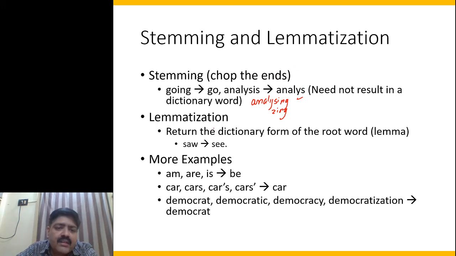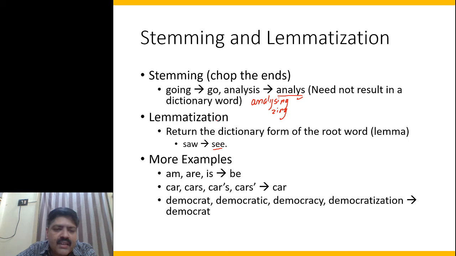There is also another way called lemmatization, where we are interested in getting a dictionary form of the mapping. So, for example, if you take saw, we are not interested in only chopping a suffix of saw, but we want to convert it to a known dictionary form. Let's say see. So whether the input is see or saw, I would get see as the output.